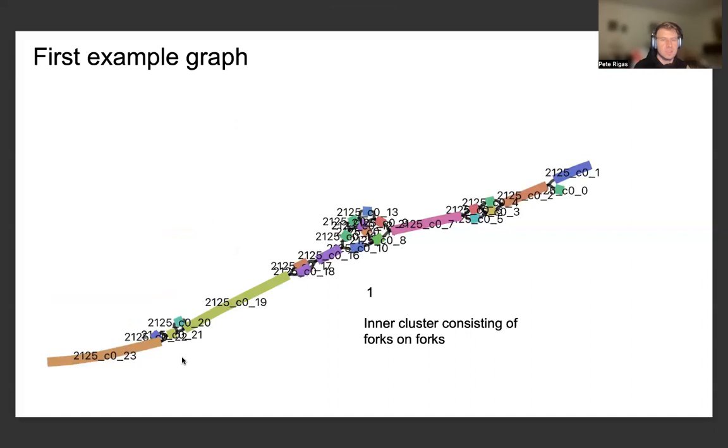But besides this first example graph, a second example graph is also very interesting because it demonstrates what we can describe as an inner cluster consisting of forks on forks. We can see that for the most part, the outer segments of this example graph consist of linear segments of nucleotides produced from the Trinity transcriptome assembly.